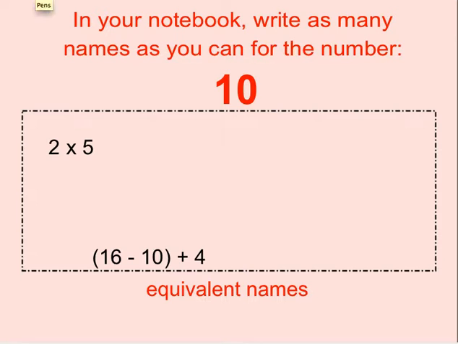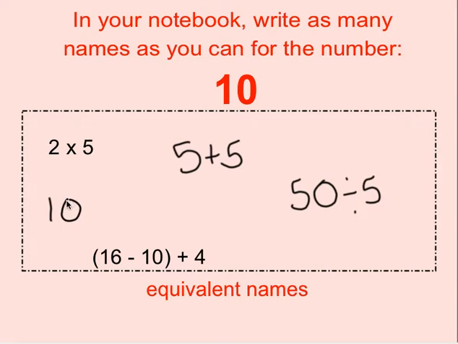So I am thinking, let's go with 5 plus 5, or 50 divided by 5 is 10, or 100 subtract 90 would be 10.